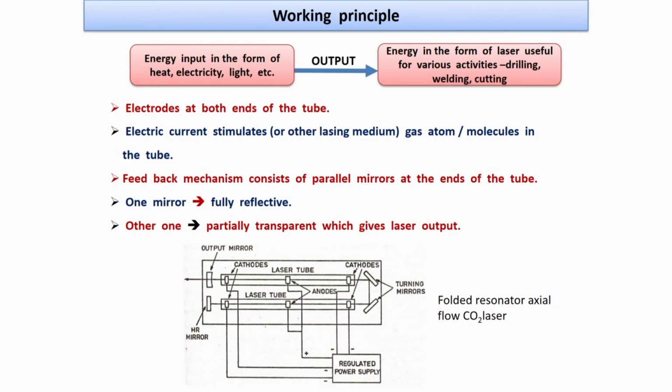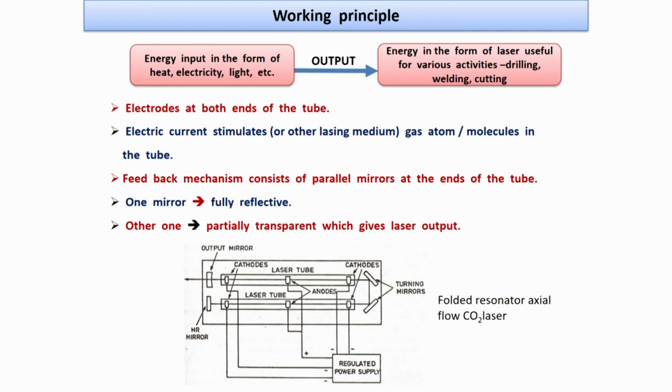Now what is the working principle of this laser? Energy input in the form of heat, electricity or light is given into this lasing medium as a source of energy to stimulate the atoms to a higher energy level.